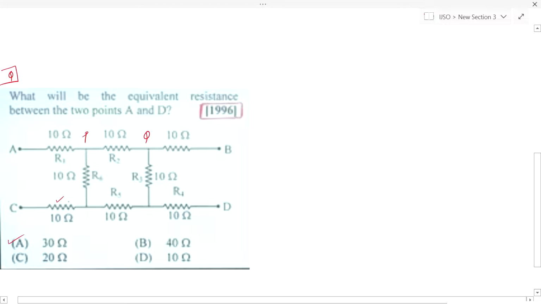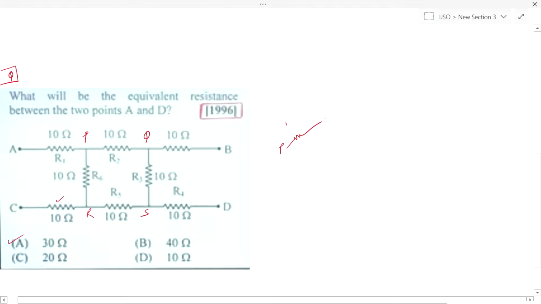So you can just do it with Wheatstone. Wheatstone. Okay. With Wheatstone, that square in the middle, I think that's your Wheatstone bridge. PQRS.